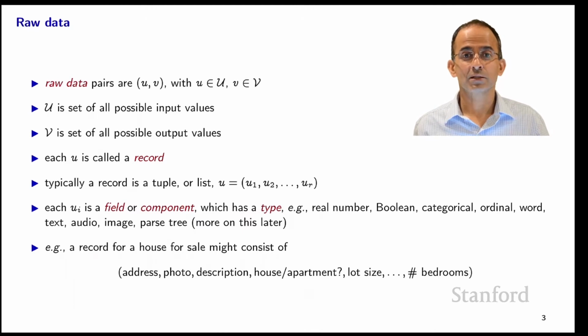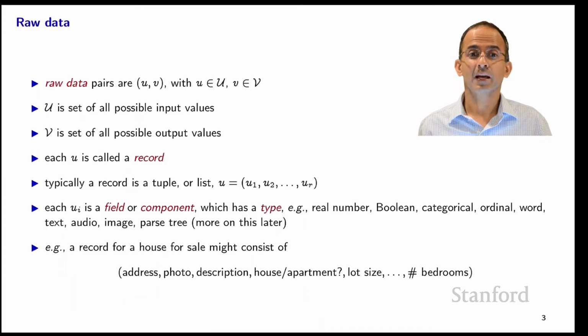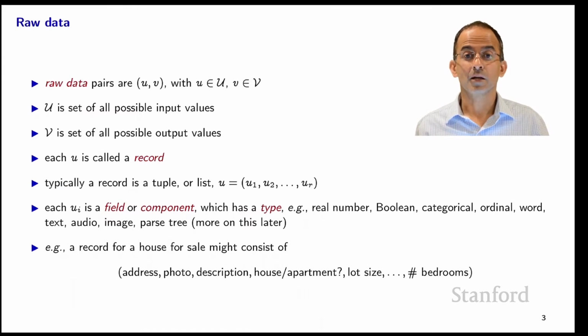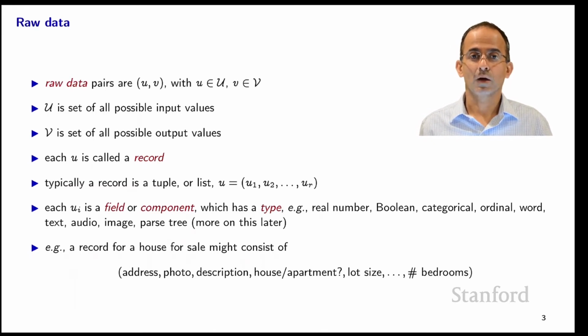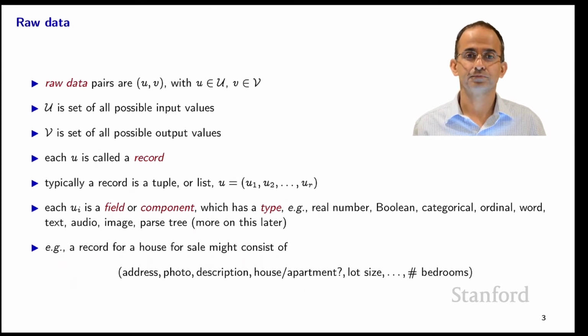It might give us its address, a photo of the house, perhaps some photos of inside the house, a description, which is a piece of text, a categorization of it as either a house or an apartment, the size of the lot, the number of bedrooms, and so on. The list goes on. Our goal is that we're given all of this data and we're trying to predict, say, the price. How much did the house sell for, or should the house sell for?